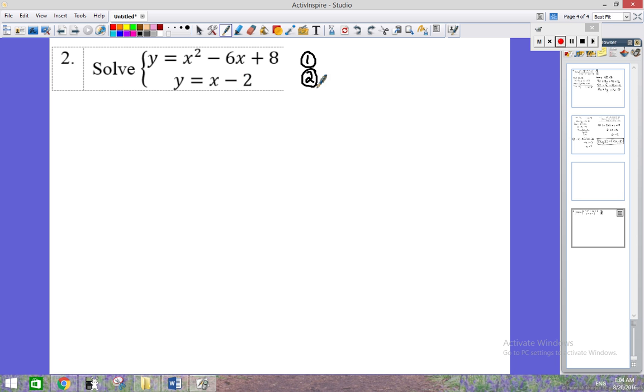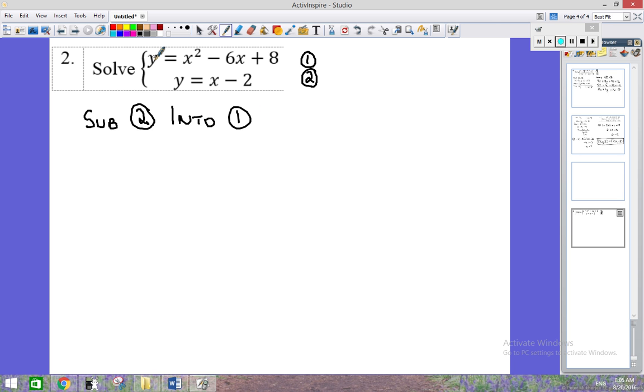Now, it's set up perfect the way it is right now because we can look at equation 1, but instead of writing the y variable down below it tells us that y is equivalent to x minus 2. So I'm going to substitute my equation 2 into equation 1.